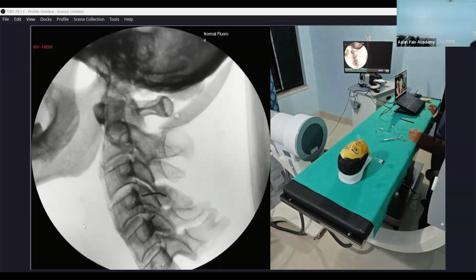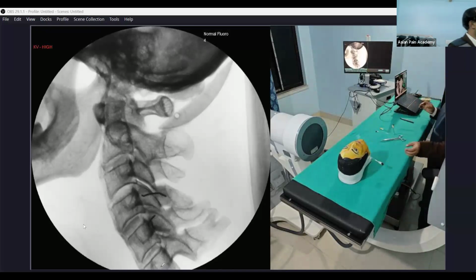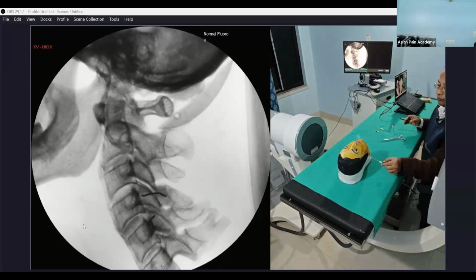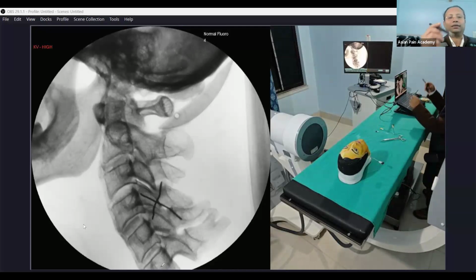So the upper one is okay, the lower one is a bit caudal. I have to put it a bit caudal. So more or less the tip is all right.